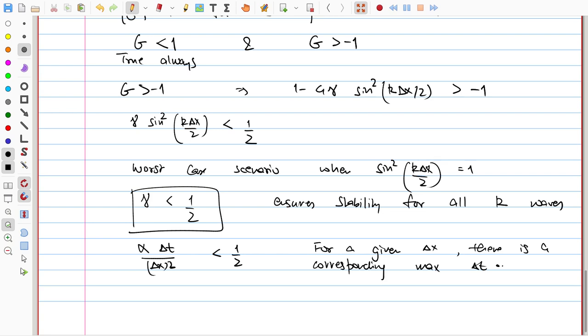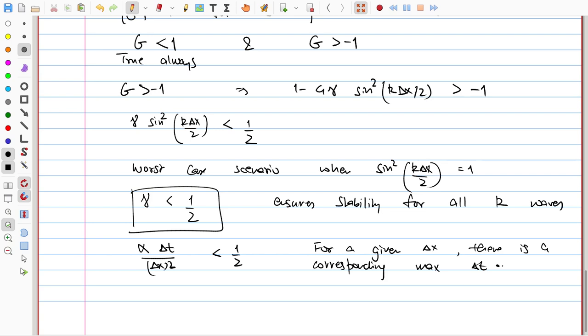You have implemented a method, and you want to get some idea of the trend of the solution, so you start with a very large delta x. Explicit methods will work, because large delta x means that you can work with large delta t's as well. But when you make it finer and finer, for higher accuracy in space, you have to start decreasing delta t. So that is where backward time center space or implicit schemes will tend to shine.